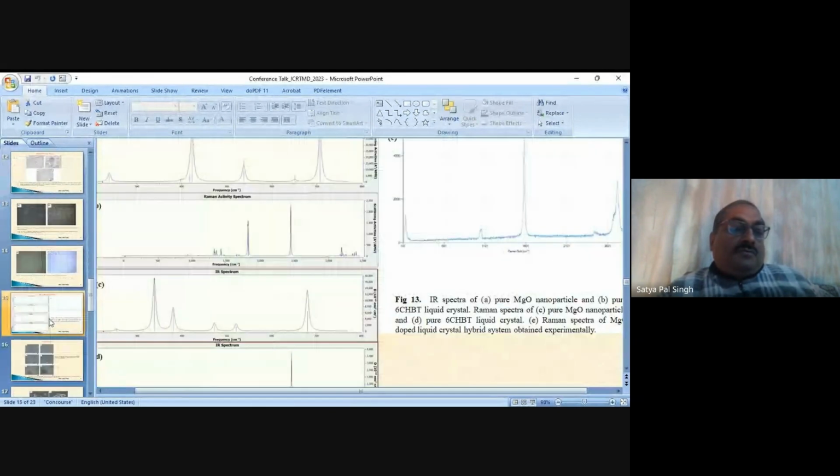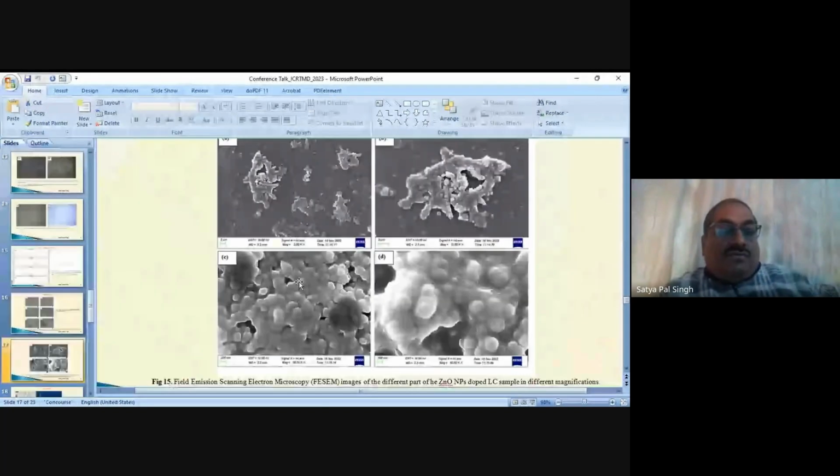And this is the IR spectra, emission, same images. So the optical microscopy images further confirm that these kinds of cluster aggregates are formed.